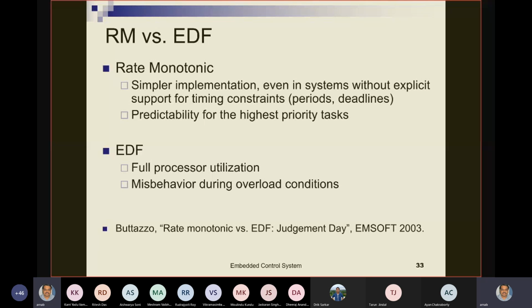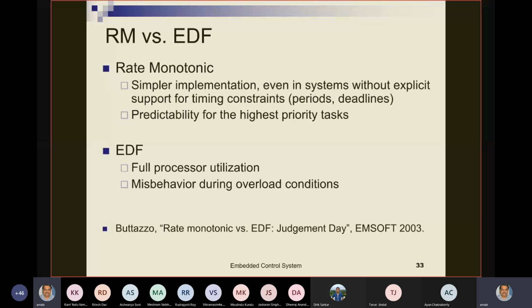Given a set of tasks, you just know beforehand who is the highest priority. So even if you do not have correct synchronization of time in your system, you can use rate monotonic, which may be true for many simple embedded systems. Predictability for the highest priority task is always guaranteed. That means the higher the priority of the task, the higher its predictability, because these higher priority tasks cannot miss their deadlines due to a set of lower priority tasks.